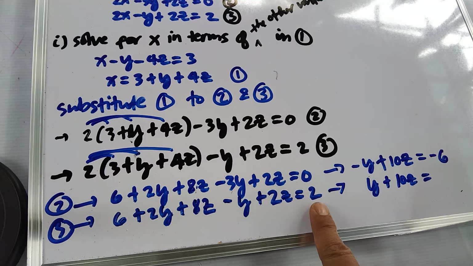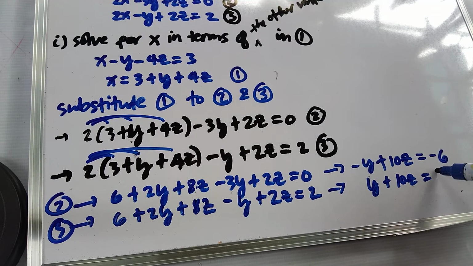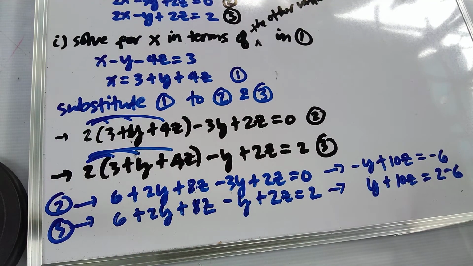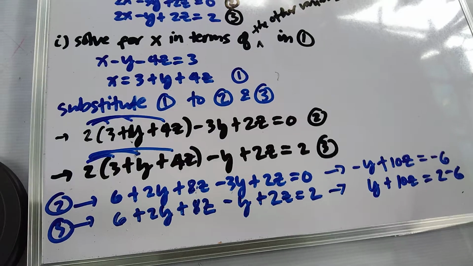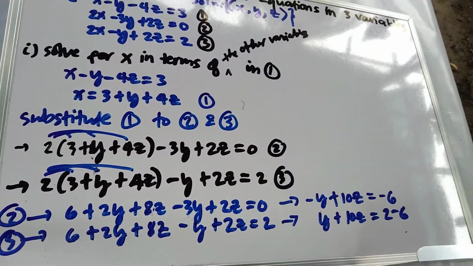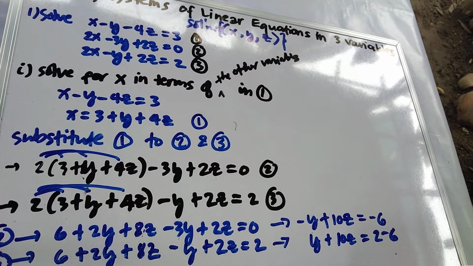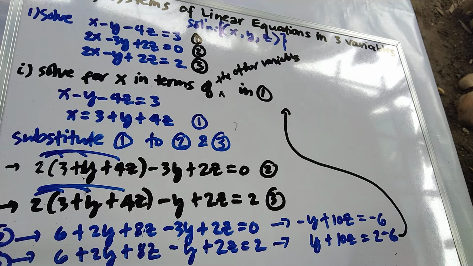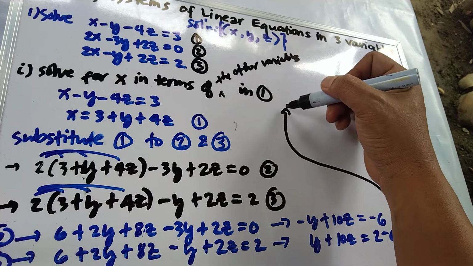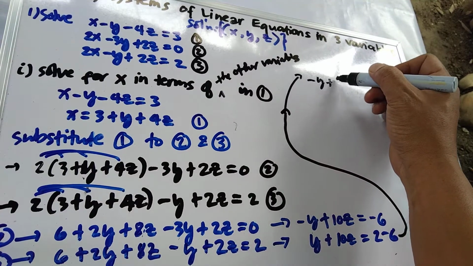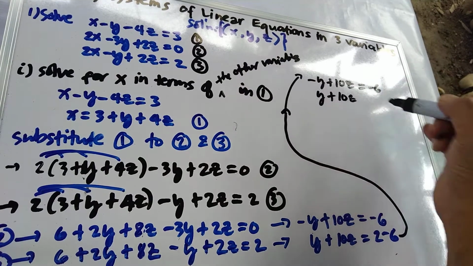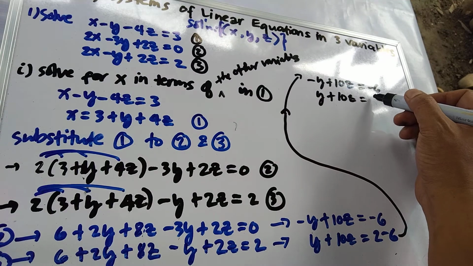Is equal to 2 minus 6, so that is negative 4. So you have negative y plus 10z is equal to negative 6, and y plus 10z is equal to negative 4.